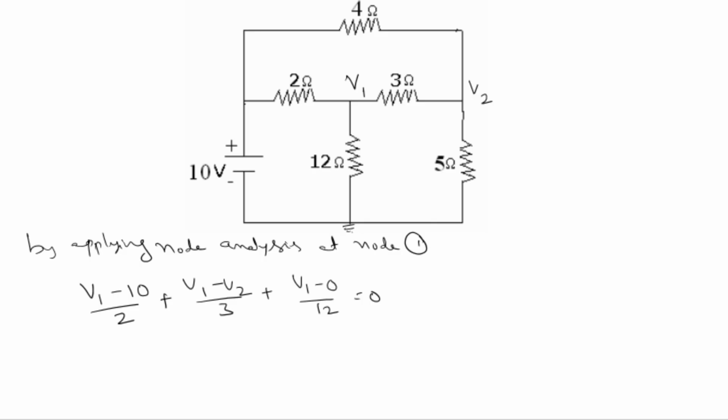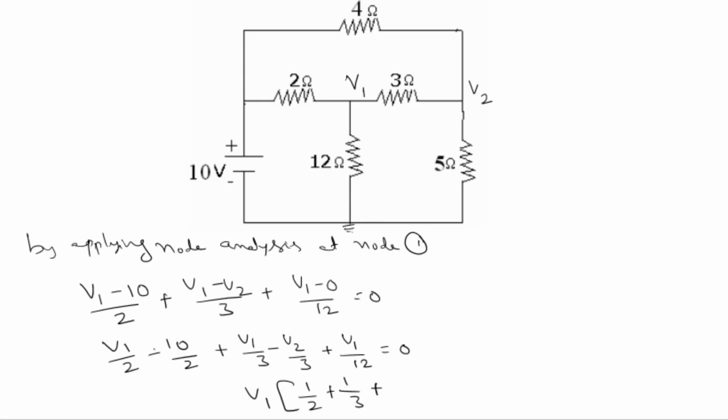Now separating V1 and V2 terms: V1 by 2 minus 10 by 2 plus V1 by 3 minus V2 by 3 plus V1 by 12 equals 0. So V1 into 1 by 2 plus 1 by 3 plus 1 by 12, minus V2 into 1 by 3, equals 10 by 2, which is equal to 5. This is equation number 1.